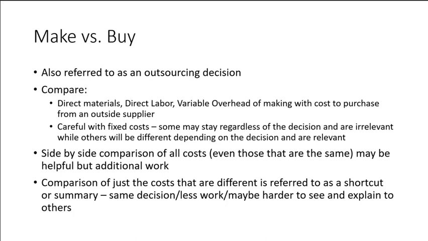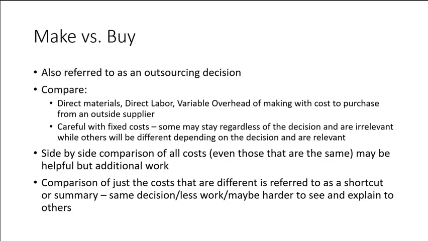If your cost to buy it, and the fixed costs that go along with buying it, is less than those three costs: direct materials, direct labor, and variable overhead, plus any fixed costs that would actually be there because you have to make it, you compare those two, and whatever is the lowest cost or the most profit will be your decision, absent qualitative factors like maybe we can't get the quality we need by bringing it in from overseas.